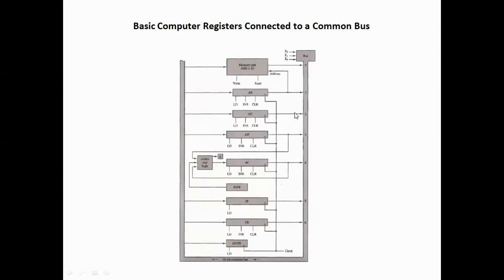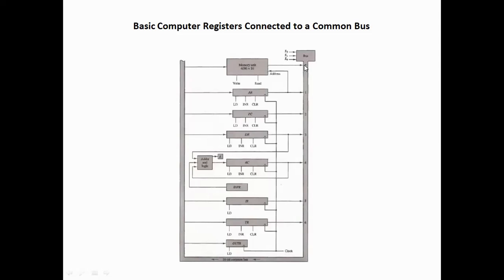Now let us say I have to get some instruction from this memory, and that instruction should go through the bus and into the instruction register, that is IR. What should I do? Very simple. Since I have to take the value from here, I need to enable this line.